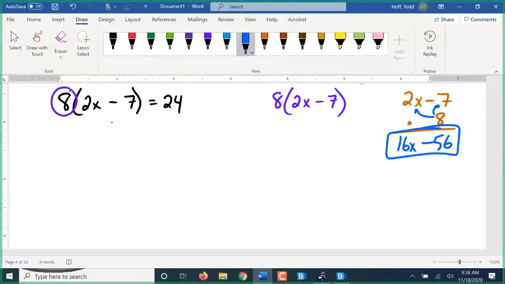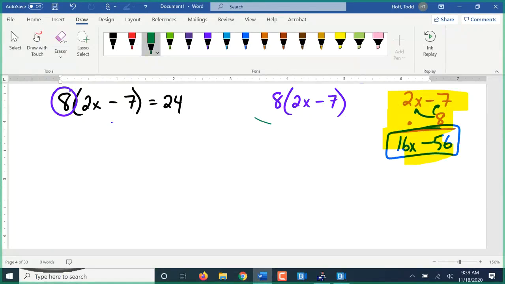But writing it out like that takes up some space and some time. And we have to rewrite the whole problem off to the side. So there's a shortcut that most of us, if you've had pre-algebra or algebra, you learned is called distributing.